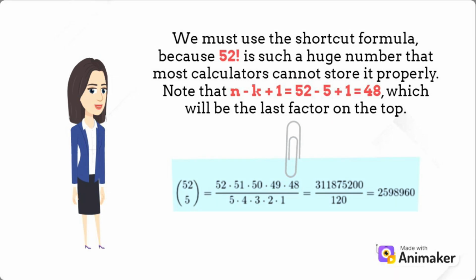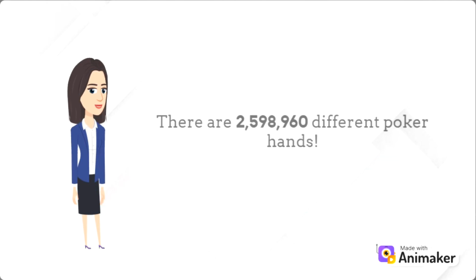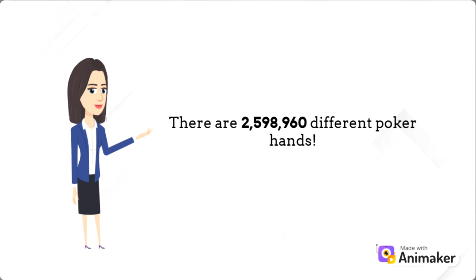Plugging in the values 52 and 5 will give us the number 2,598,960. Therefore, there are 2,598,960 different poker hands.